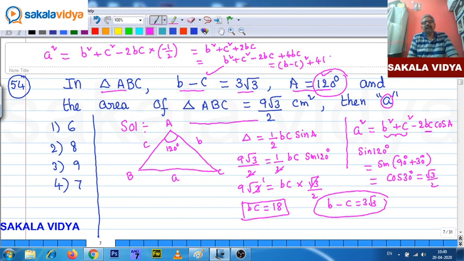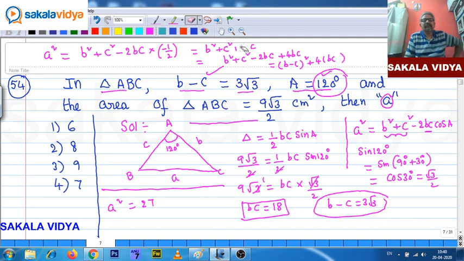plus 4 times bc. See, what do you get now here? a square is equal to b minus c whole square, that is 27, plus 4bc. 4bc is how much? Sorry, one minute, I made a mistake here.